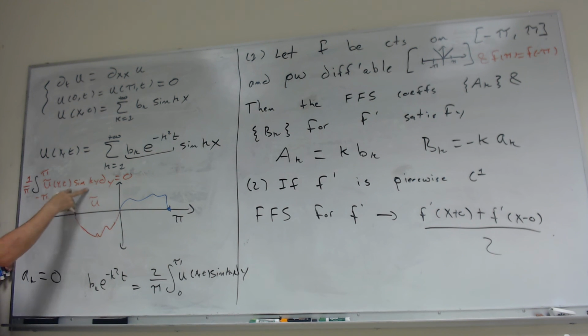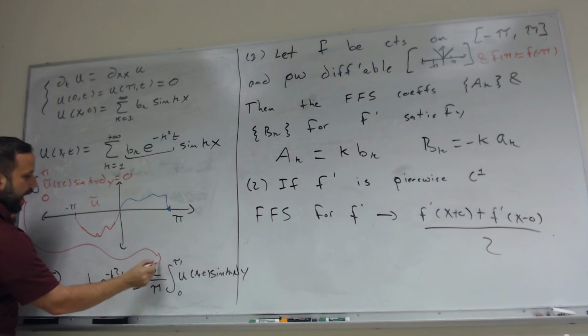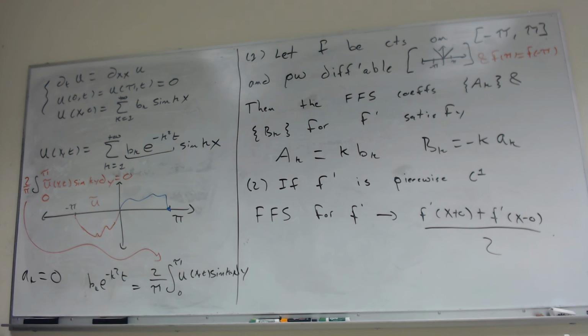Well, if I'm integrating an even function over these symmetric bounds, I can replace this with a 0 and that 1 with a 2, which is exactly what we have down here. So, in other words, if I take the odd extension of my function, the full Fourier sine coefficients are the exact same as the sine coefficients just from looking at 0 to pi.